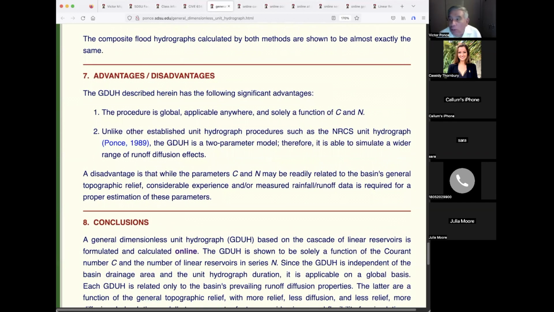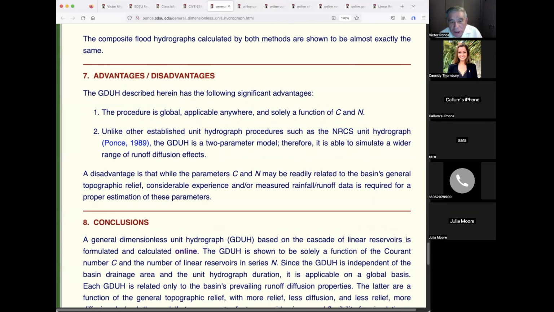The procedure is global, applicable anywhere, and solely a function of C and N. C, Courant number, and N, number of linear reservoirs. Unlike other established unit hydrograph procedures, such as the NRCS of Mockus or Snyder's for that matter. Snyder was working for the Army Corps of Engineers back in the middle 30s.